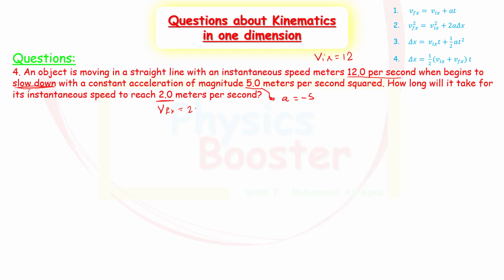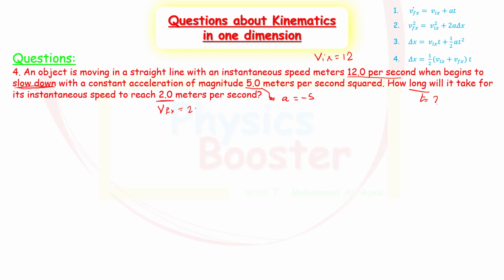And we will get used to these types of questions. So from now on, when you see the words slowing down, you will assume that the acceleration has a negative value, okay? Because it's a vector quantity, the negative sign will do. So how long, it's asking for the time, which is the unknown, will it take for its speed to become equal to 2.